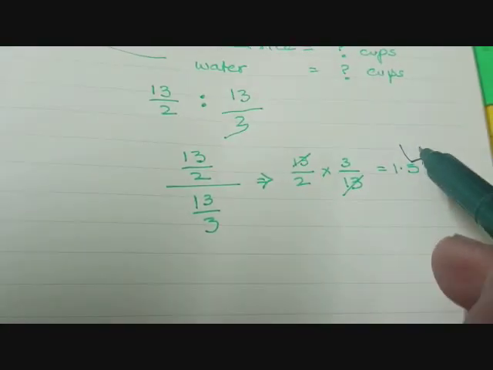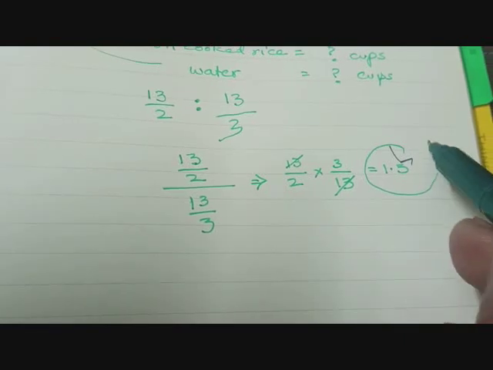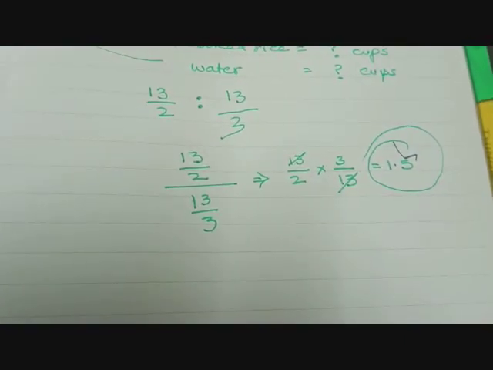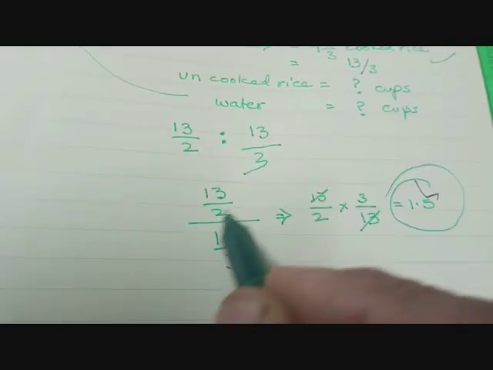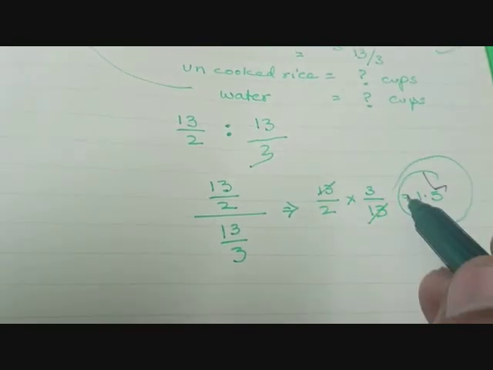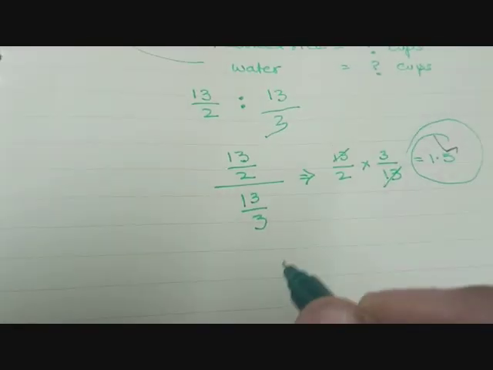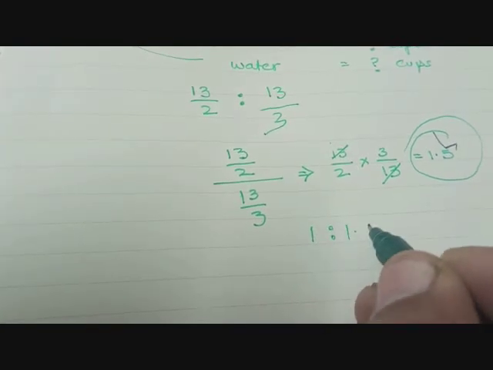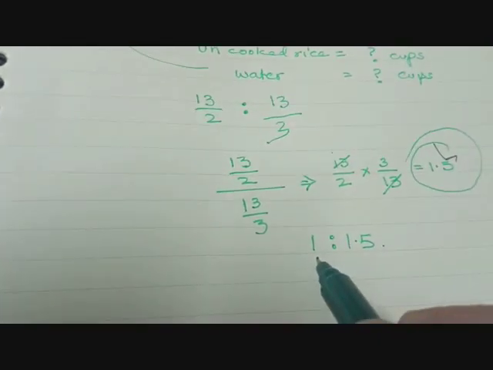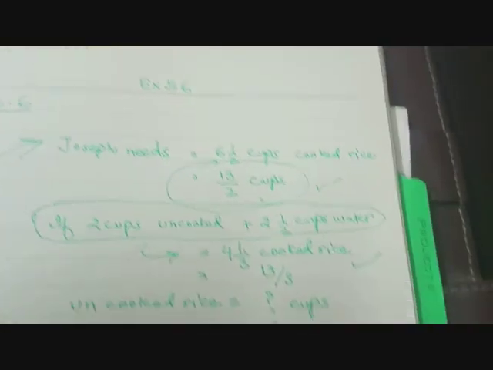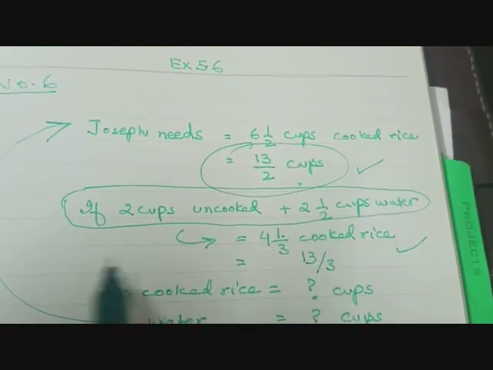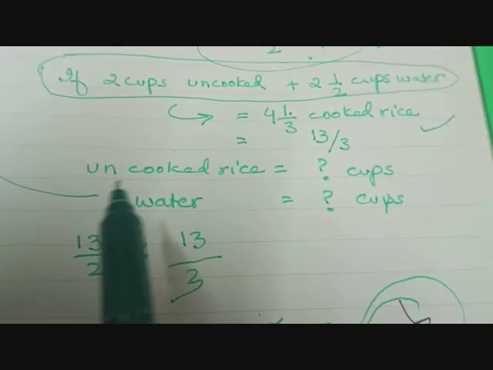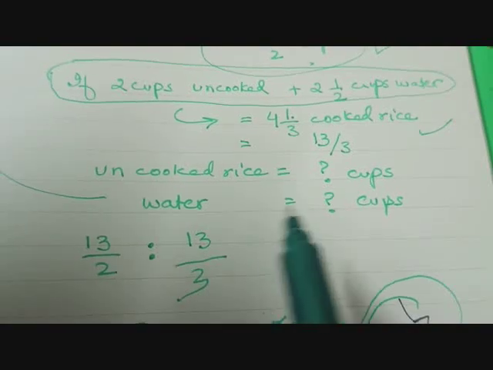Now, my dear students, what we have is 1.5. The ratio is 1 is to 1.5, because here we have got 1 and here 1.5. Now what we have to find is the uncooked rice cups and water.